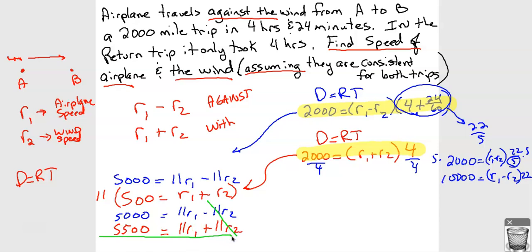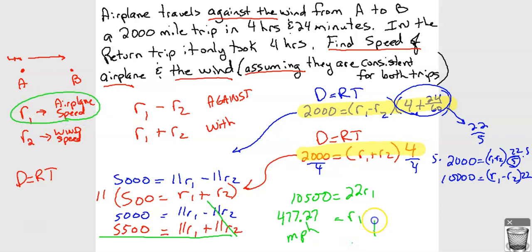So you're going to have 10,500 equals 22R1, which means R1 is approximately, because you're going to end up getting a not so favorable answer here, 477.27 miles per hour. Remember, R1 is the airplane speed, so that's why it's so fast. That would not be the wind. The wind would not be 477 miles per hour.